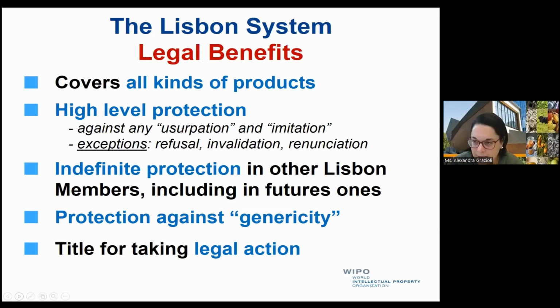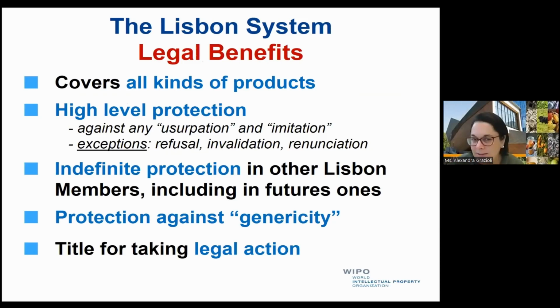The second benefit of the system is a legal benefit. What is interesting to keep in mind is that the Lisbon system covers all kinds of products: agricultural products, food products, handicrafts, manufactured products, but also natural products.